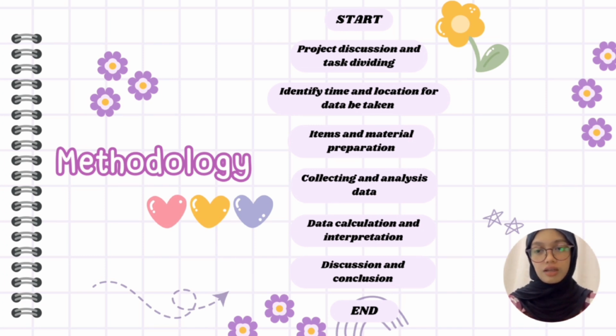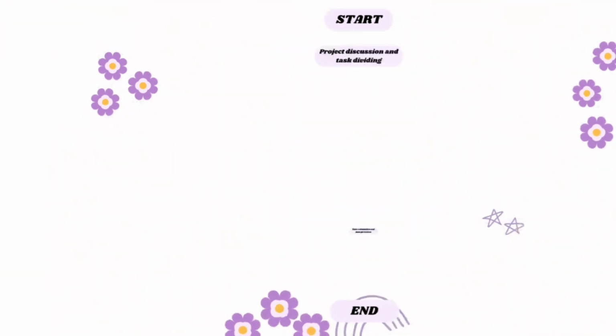The results are then interpreted to draw relevant insight for the project objective. Next is discussion and conclusion. The findings are discussed within the team and the conclusion is drawn based on the interpretation. At the end, the process concludes after finalizing all the interpretation from all the data and documentation.